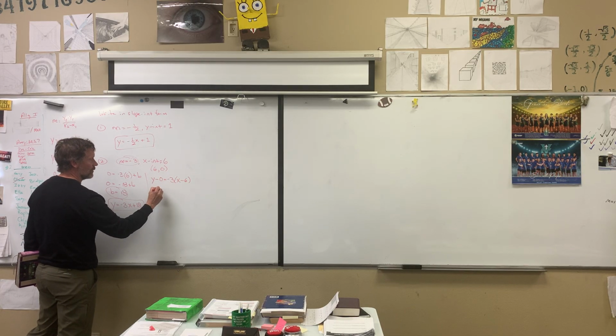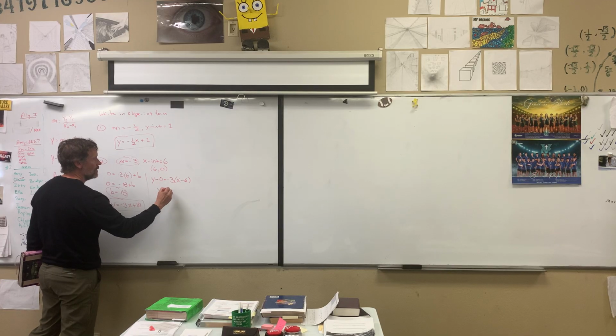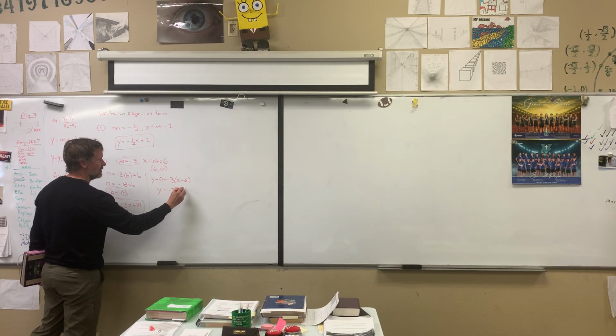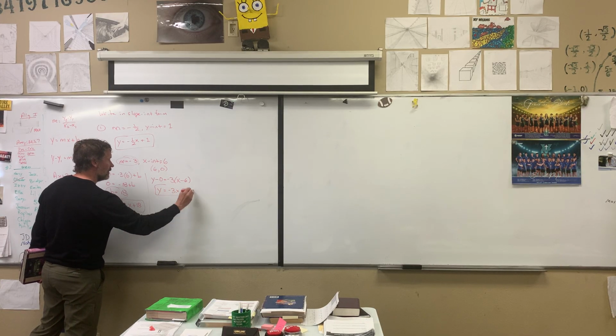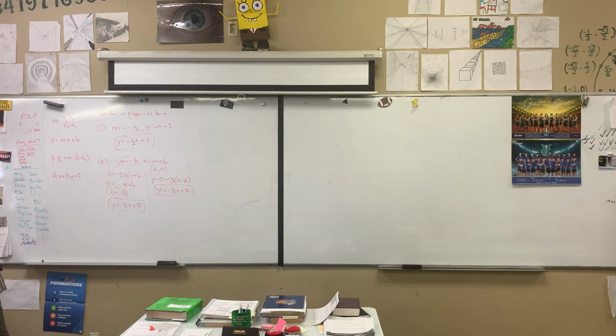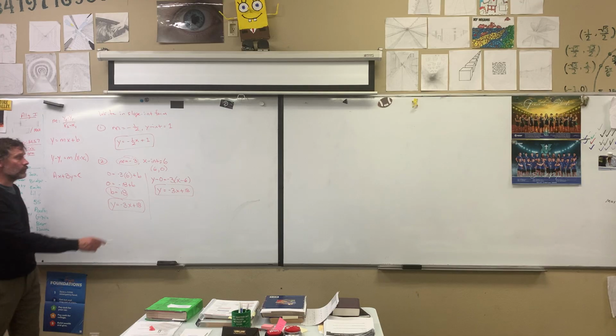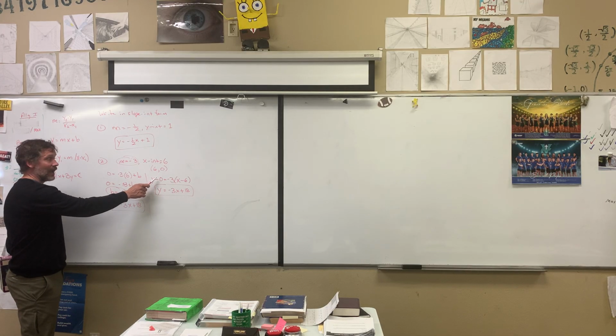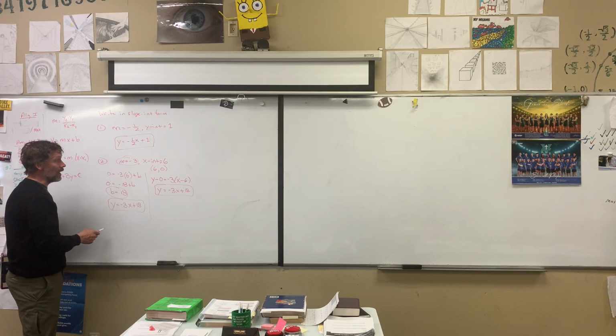And y minus 0 is y. And then negative 3x plus 18. And we are done that way. Negative 3x plus 18. And you end up with the same answer. Now, it works really nice, this one does, when you have an x-intercept, and that value is 0 because it's just y. And so that makes it really nice.